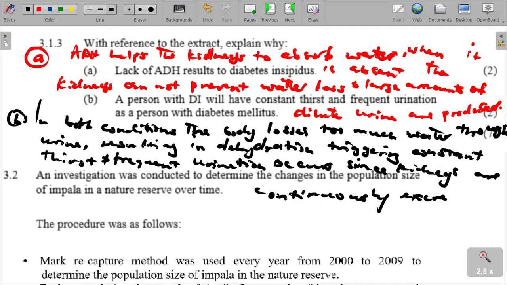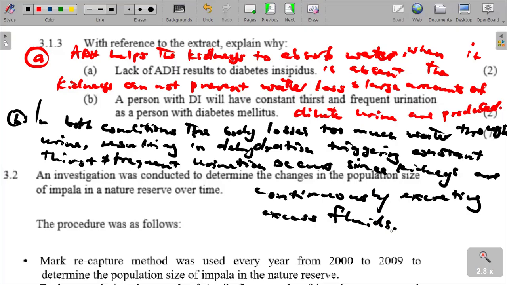So basically, that is what is happening in this regard, class.